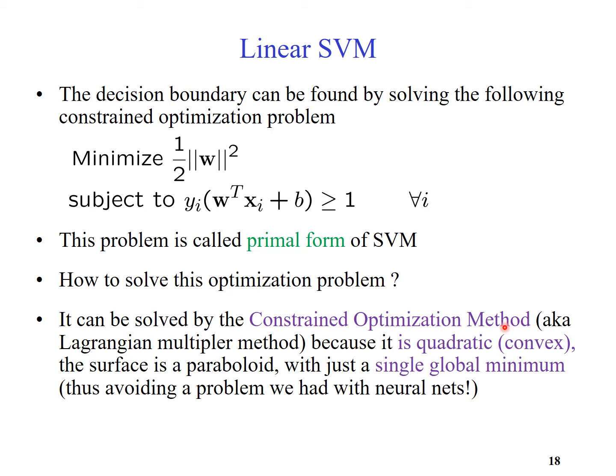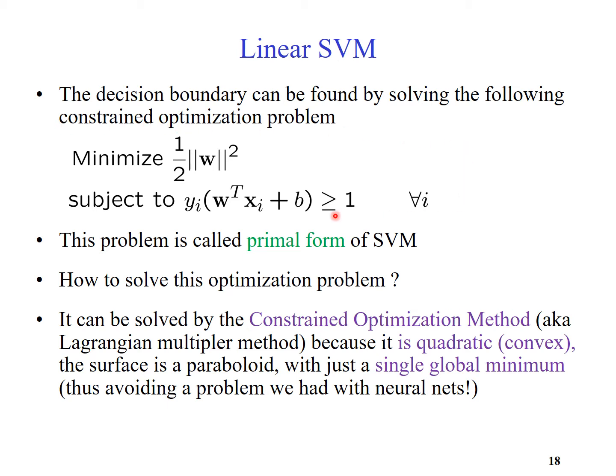Before I do that, one of the big advantages of this constraint optimization method is the following. If you solve this problem using the constraint optimization method, and this function is convex, okay, what is convex? Don't worry about it. If this is convex, then the answer to this whole problem is guaranteed to be the global optimum.